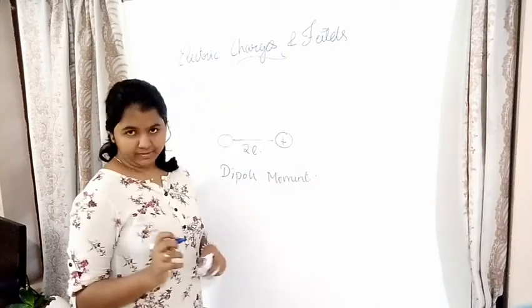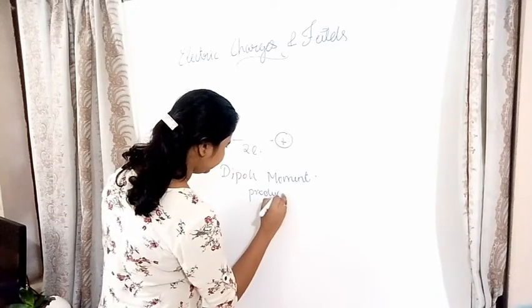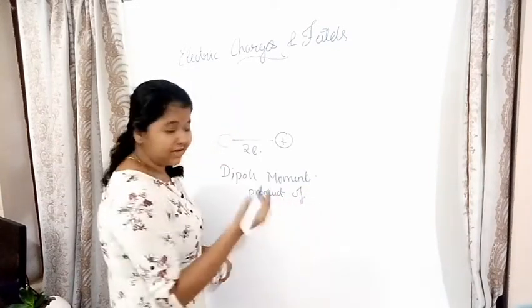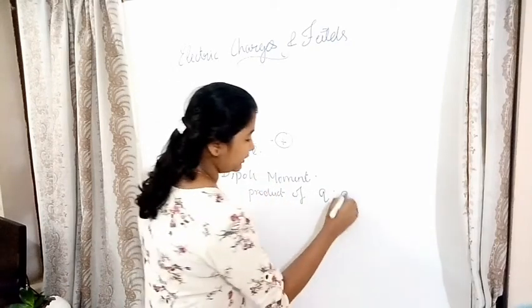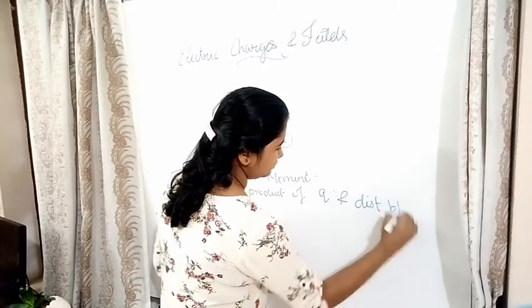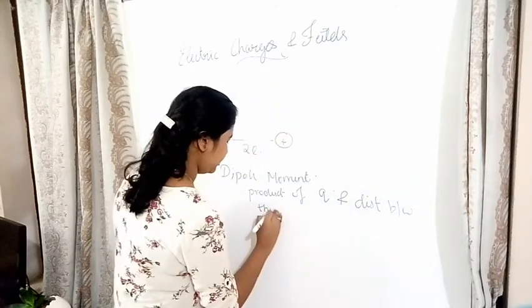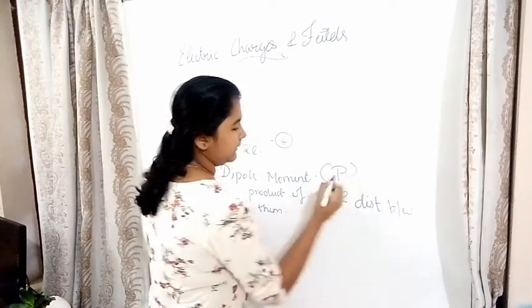So dipole moment is the product of either of the charges and the distance between them. So electric dipole moment is represented by the letter P.